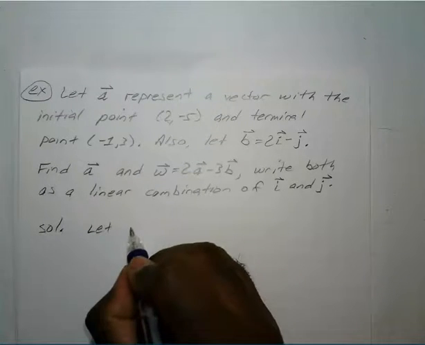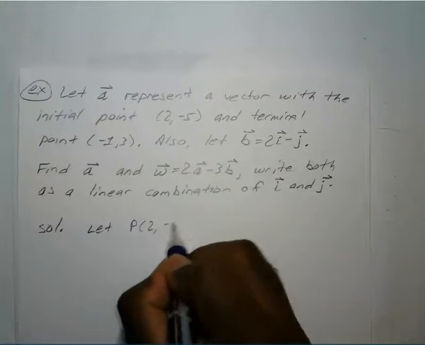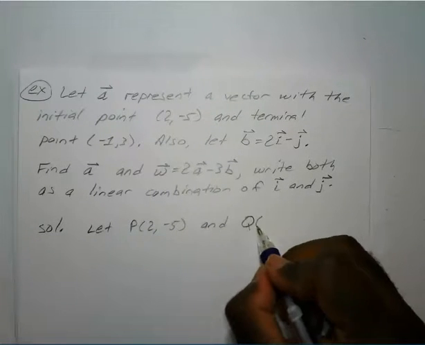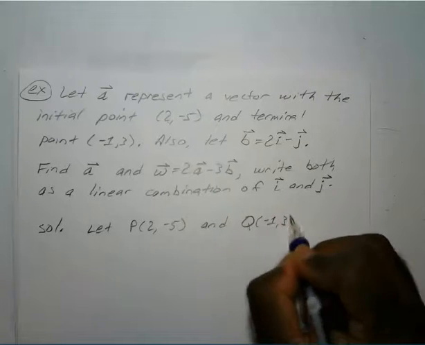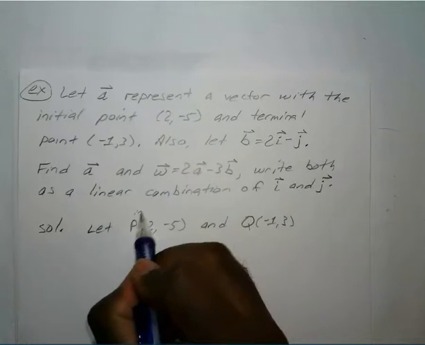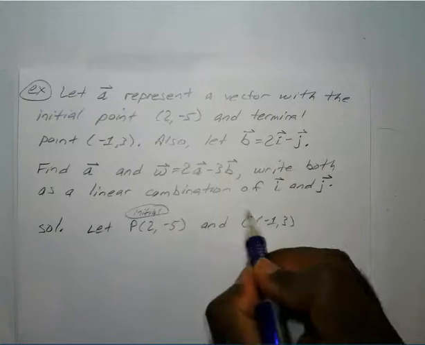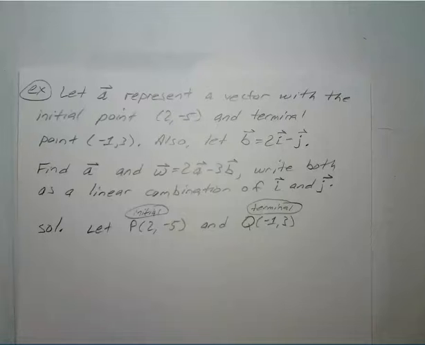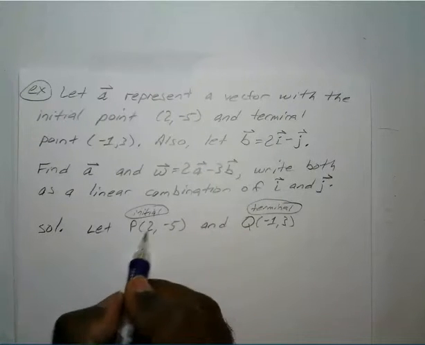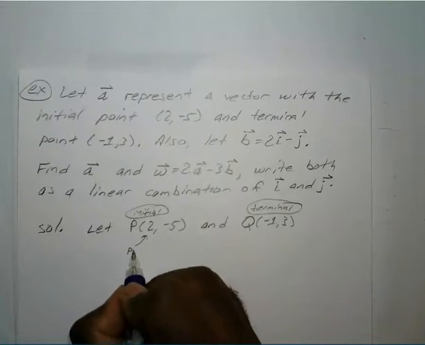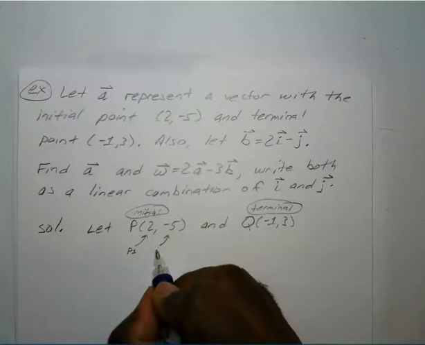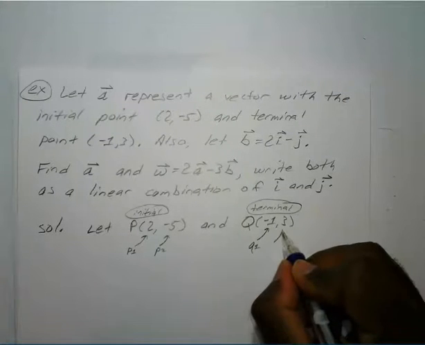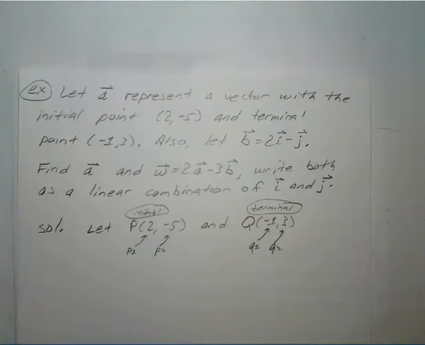We'll say that our initial point, we'll call that point P. And our terminal point, we'll call that point Q. Okay, now that means this is our first component, and this is our second component of point P, and this is our first component and our second component of point Q.